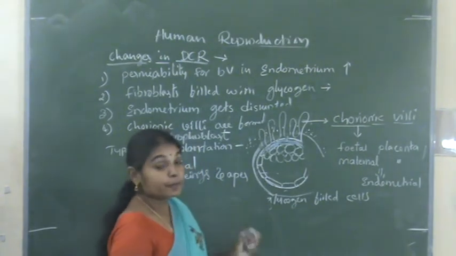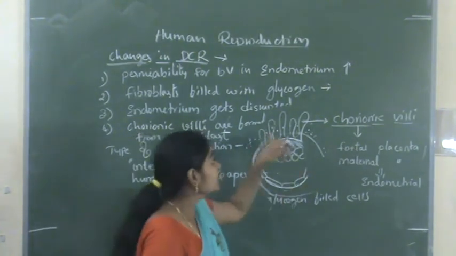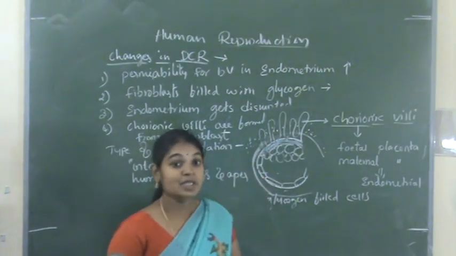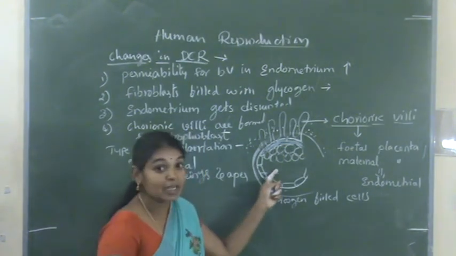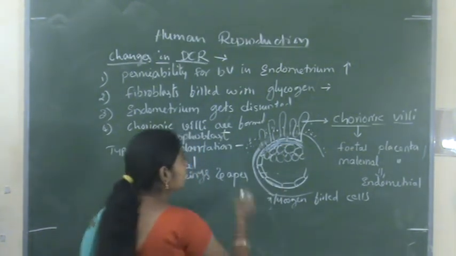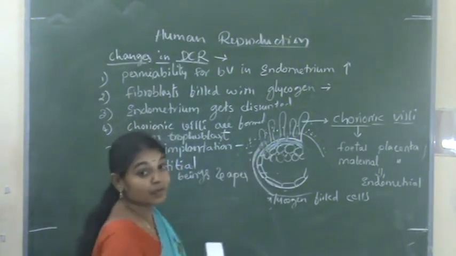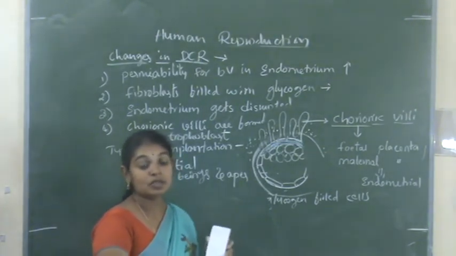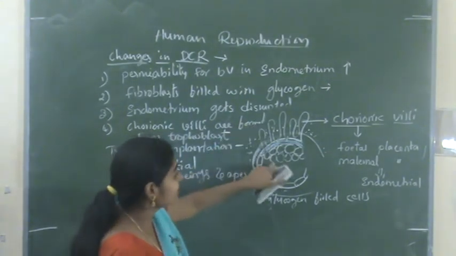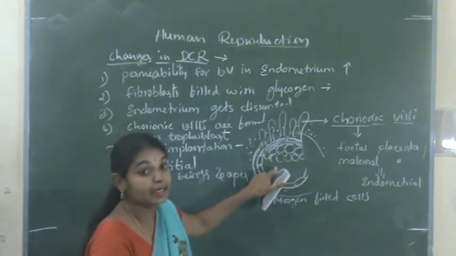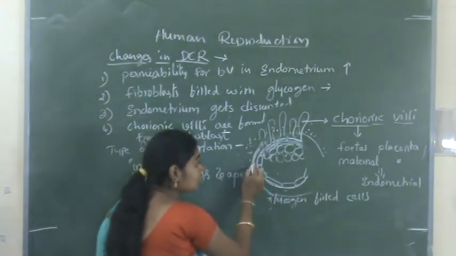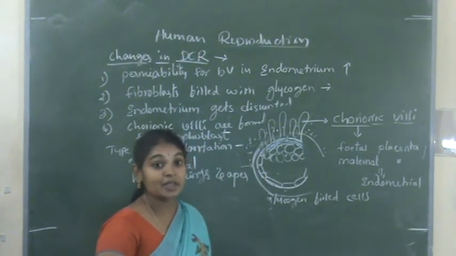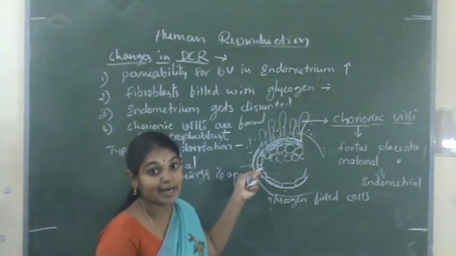Up to the formation of the placenta, these chorionic villi are the source for receiving the mother's nutrients for the developing embryo. One more source is the fibroblasts, which are already filled with glycogen. The endometrium also becomes thicker and thicker due to the continuous secretion of progesterone and estrogen.